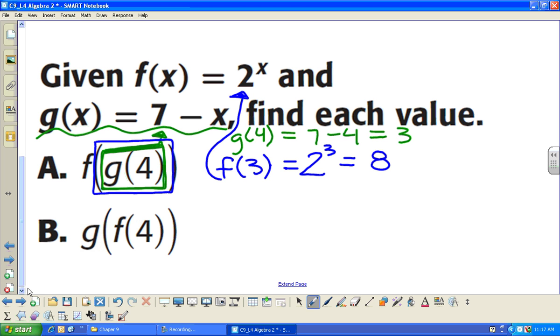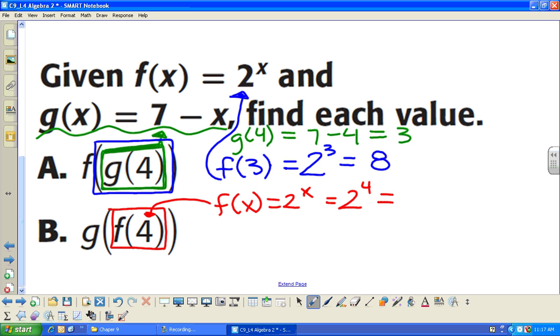So this next one is the same. First I have to find the function of f at 4. So I take my function of f, which is equal to 2 to the x, and I'm replacing x with 4 because it's asking what is the value when x is equal to 4. 2 to the 4th is equal to 16.